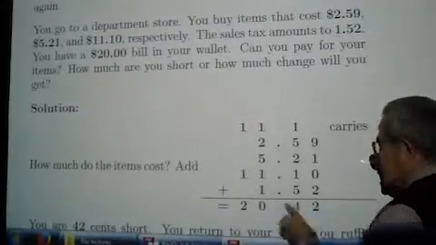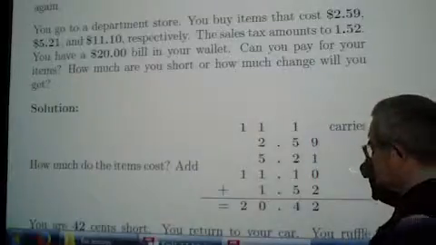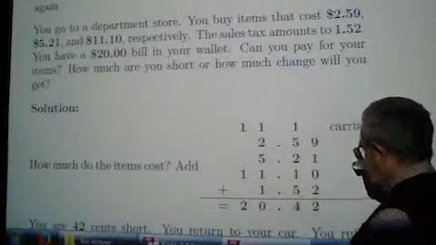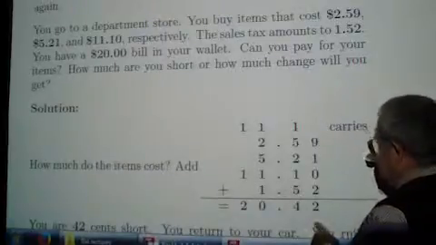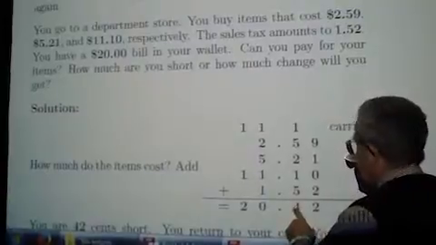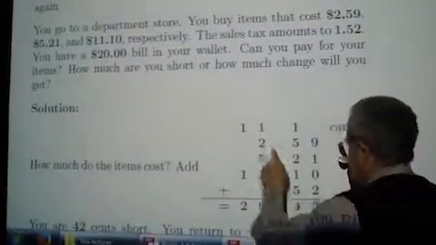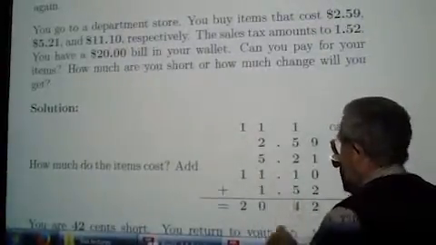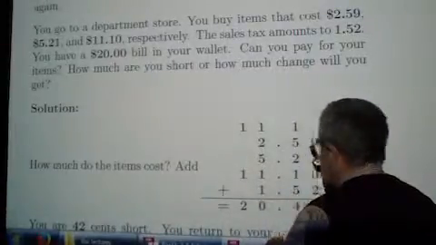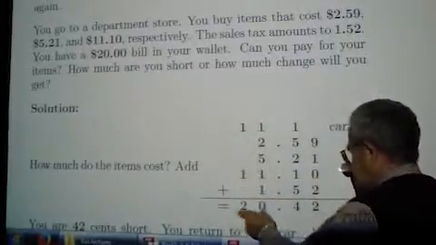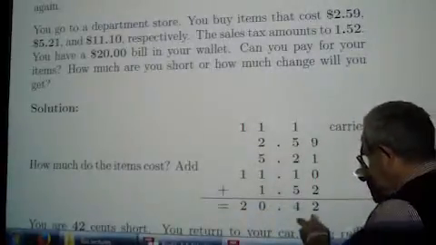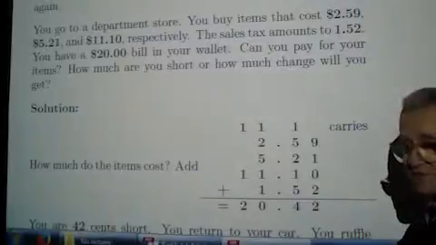I know we should say 1 and 52 hundredths, but most people just read points. That should give us a 12, 2 carry 1. That should give us a 14, 4 carry 1. That should give us an 11, carry 1. So 1 and 1 is 2. The answer should be $20.42. It looks like you are 42 cents short.